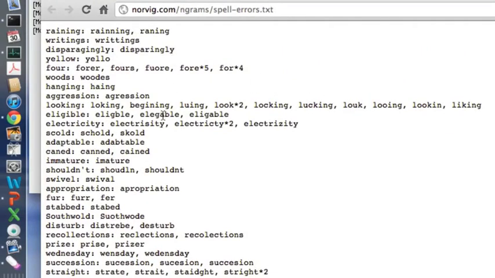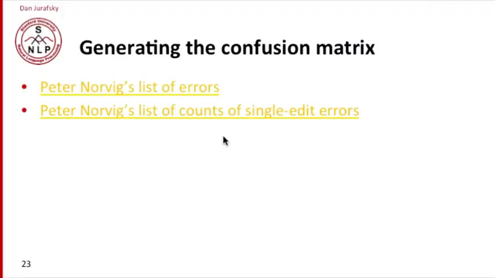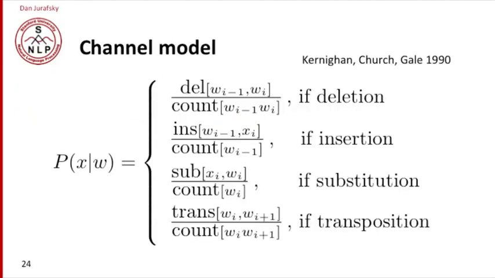And from a set of errors like this, so here misspellings of adaptable, or immature with only one M, and so on. So various kinds of likely misspellings. And from this list of errors, we can get a list of counts for every possible single edit error of how often it happens. And from that we build our little confusion matrix. And then from the confusion matrix, we can generate probabilities.